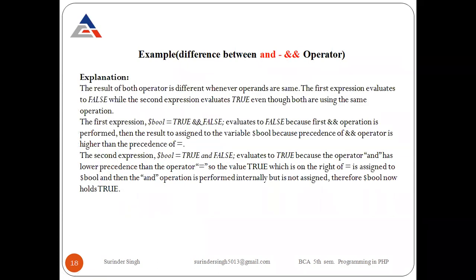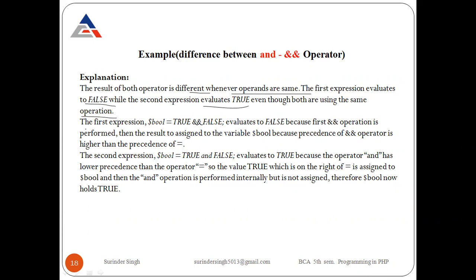Now we have some explanation about the example. The results of both operators are different even though the operands are the same. The first expression evaluates to false, while the second expression evaluates to true, even though both are using the same operation.